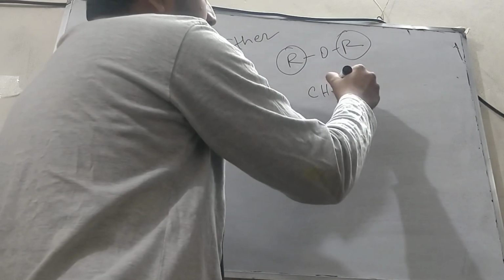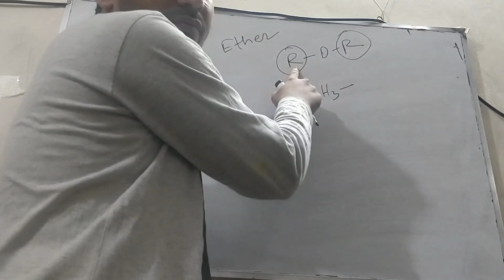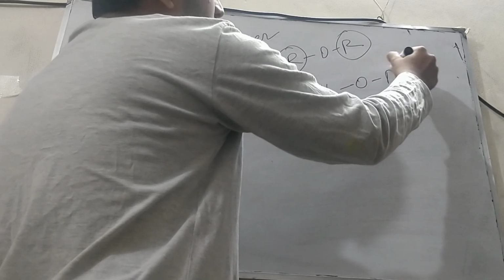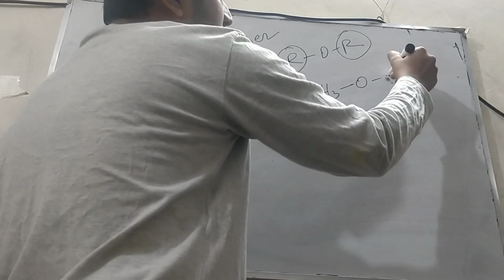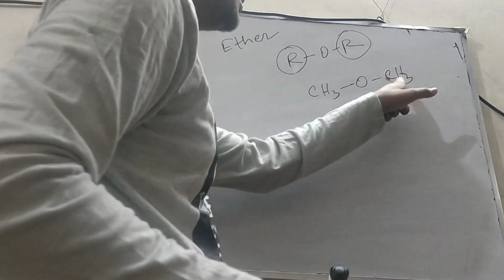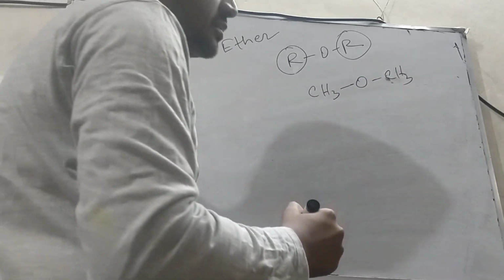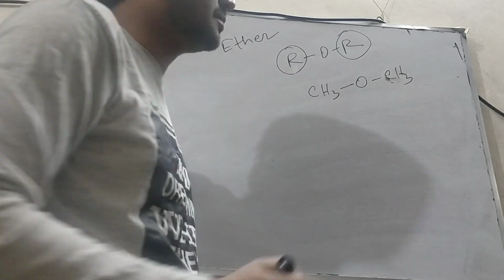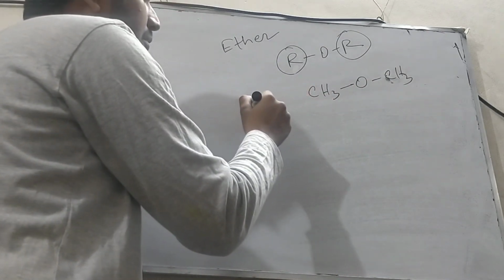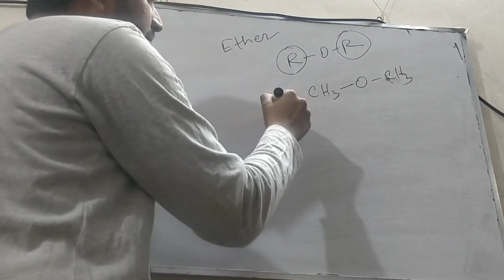So if we use methyl, the first member of alkyl, and another methyl, that will be called dimethyl ether.